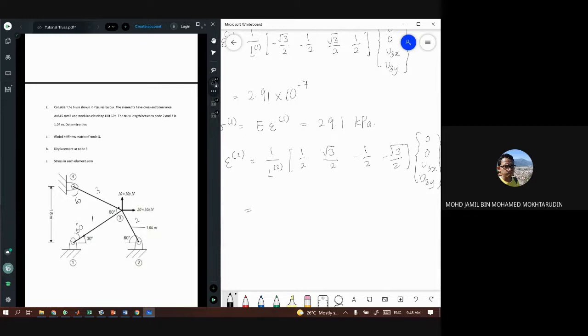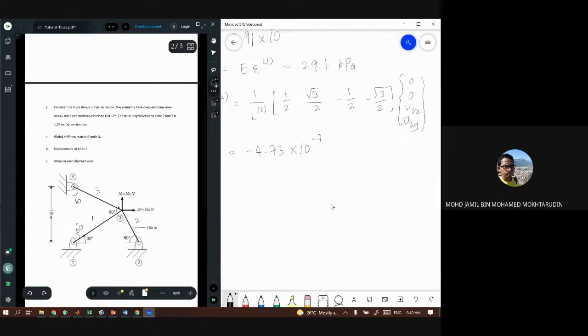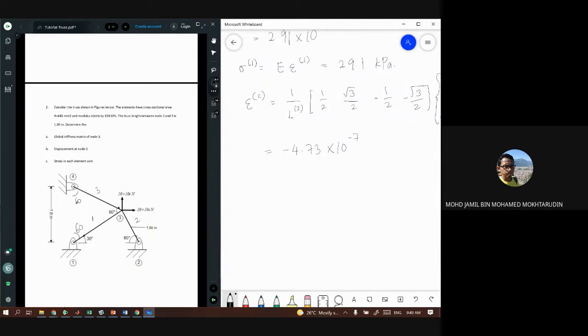So you get negative 4.73 times 10 power of negative 7. And then the stress equals negative 47.3 kilopascal.